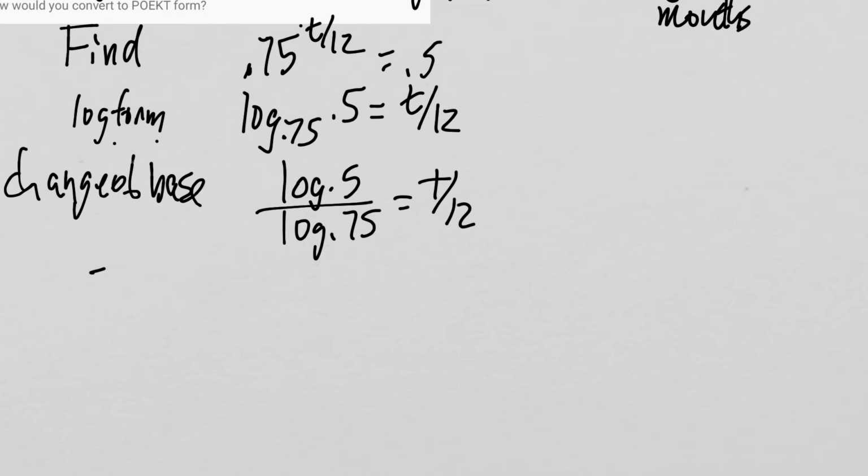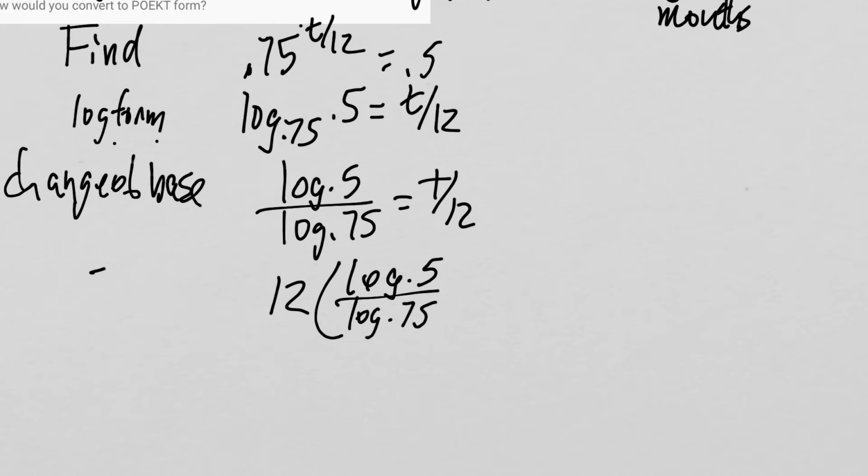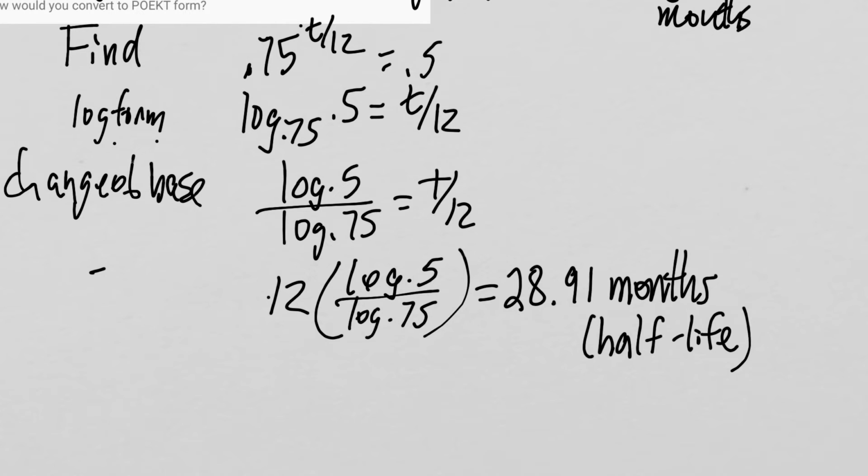So I'm going to take the 12 and multiply it over to the other side. So I'm going to, in my calculator, do 12 times log 0.5 divided by log 0.75. Go ahead and do that. And when I put it in the calculator, I get 28.91 months.